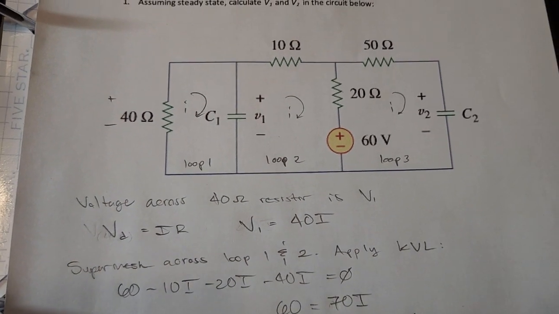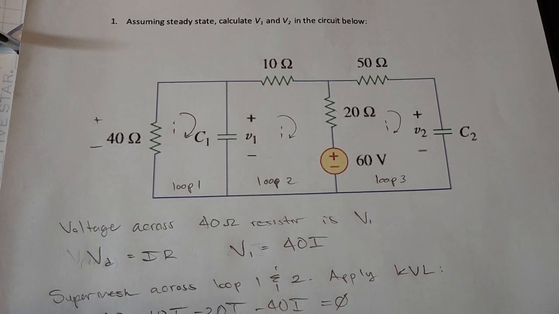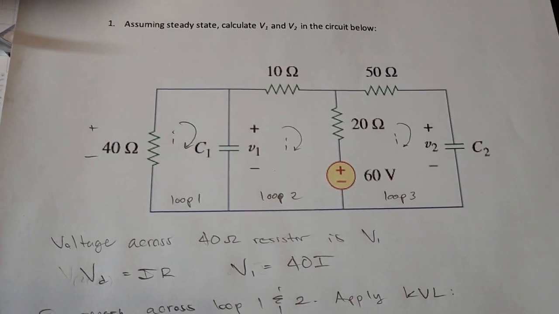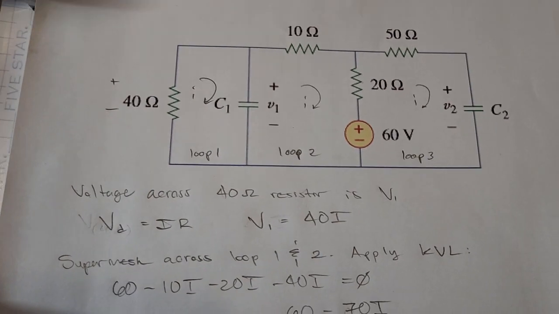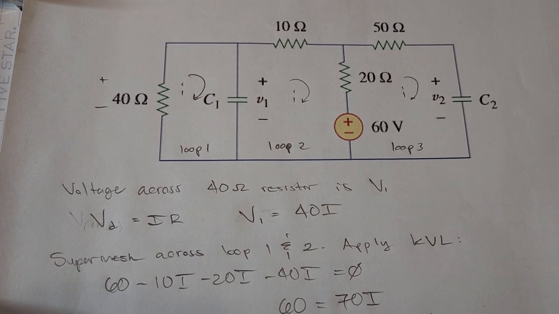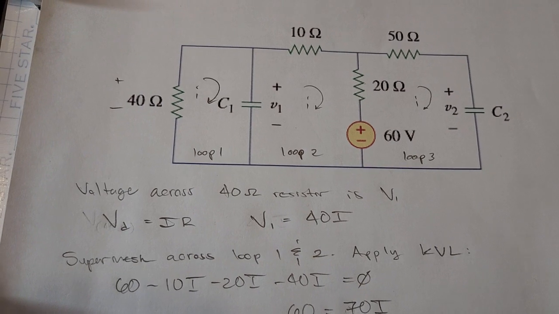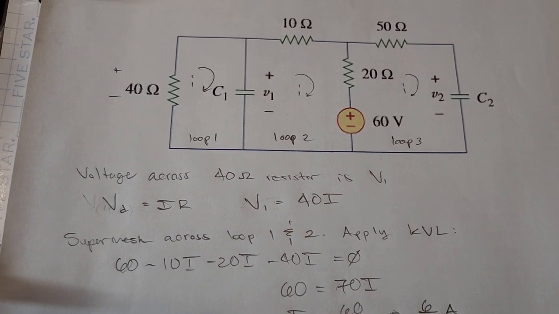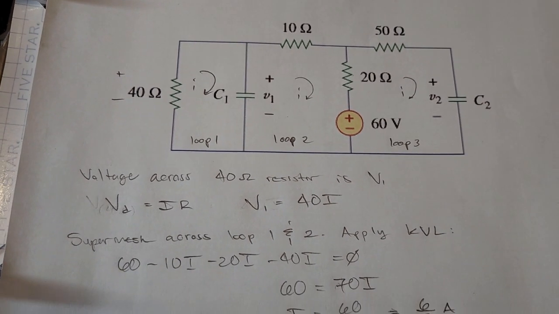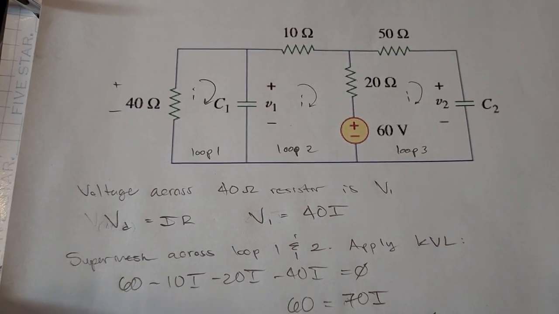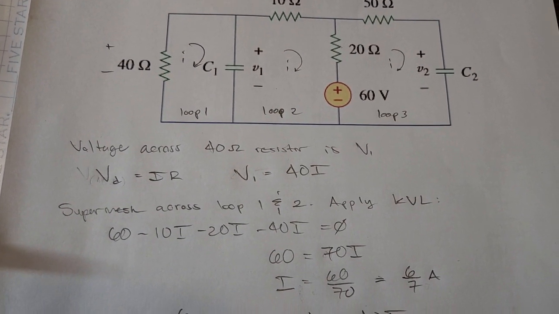And then I combined a supermesh of loop number 1 and loop number 2, then went around collecting my terms, and per passive voltage convention, since the current was entering a positive terminal, therefore it would be 60, and then I started collecting all my other terms with the variable current around.